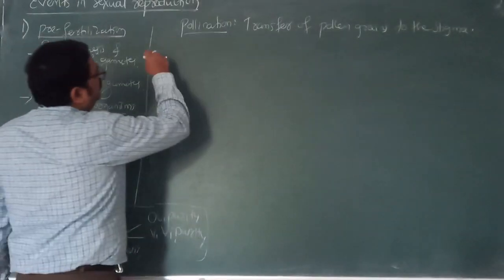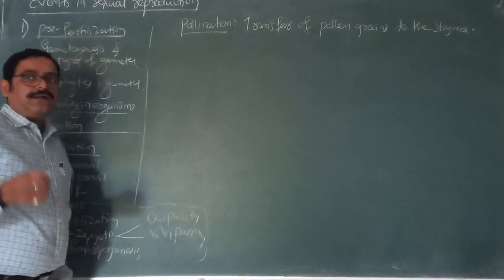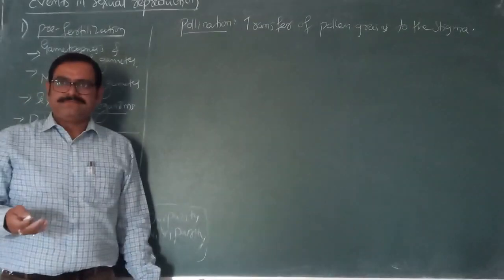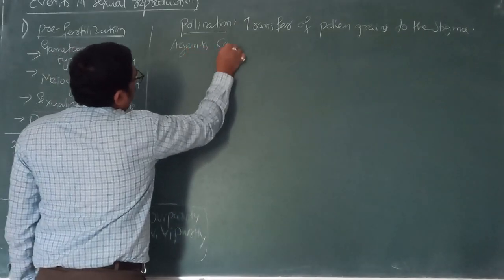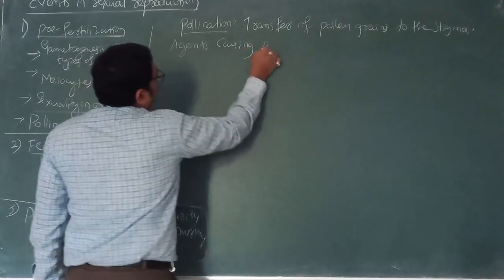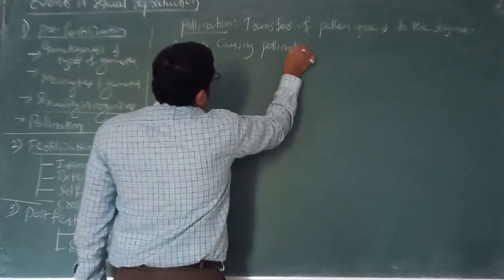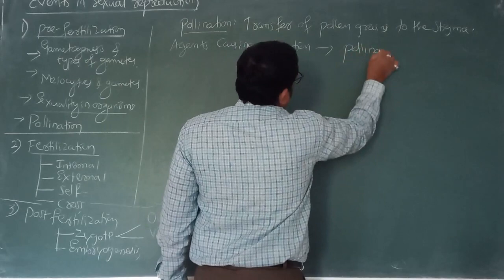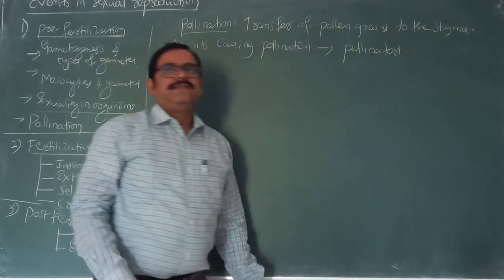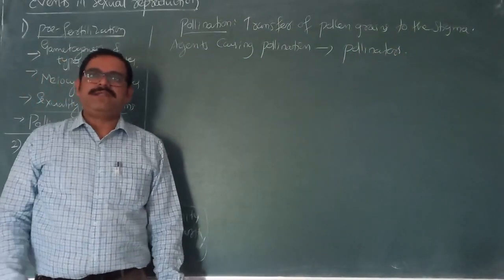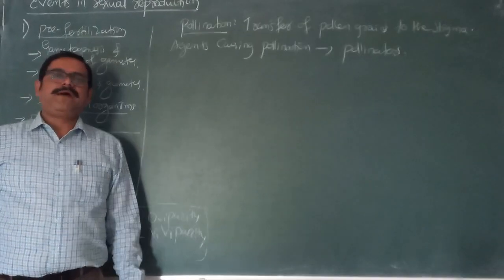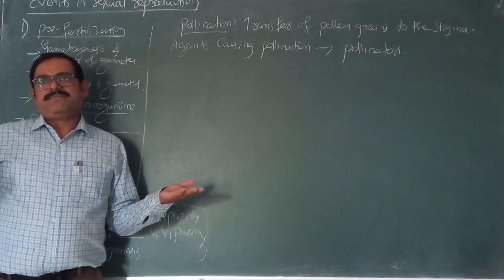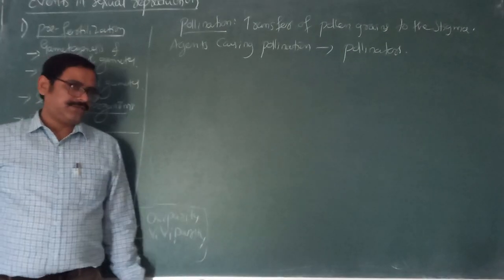Pollination is conducted by various agents. The agents causing pollination are called pollinators. Now, pollination can be done by both biotic as well as abiotic agents.